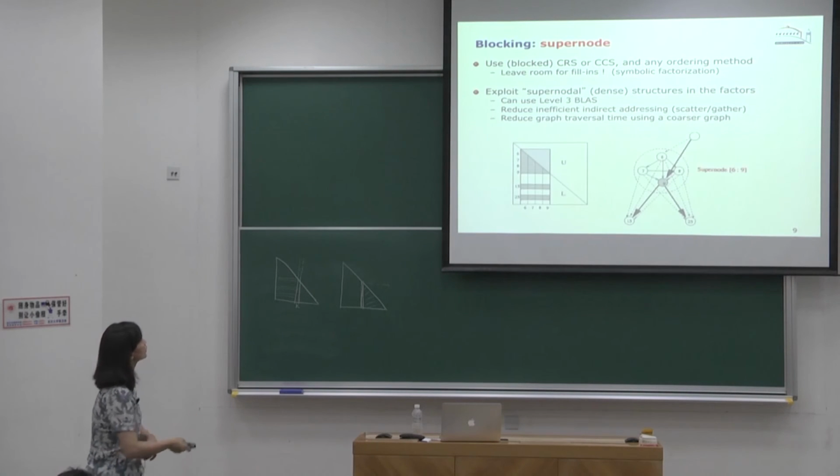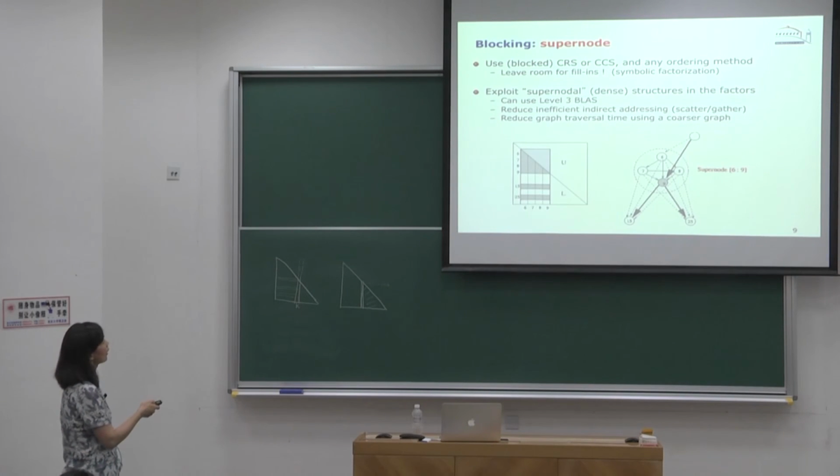So the picture here is your L and U factor, right? You look at the fill pattern of L and U, and you can find that some of the adjacent columns might have the same row structure here.